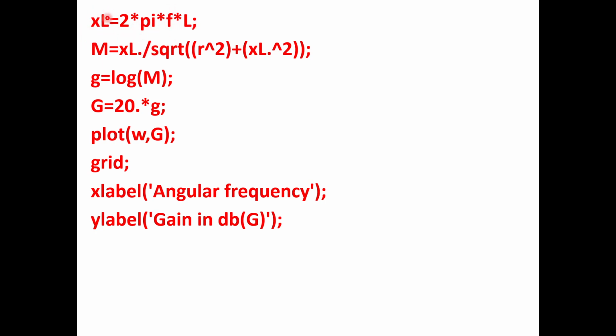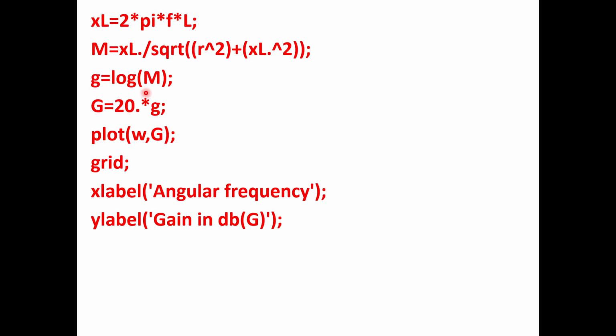As many f values as there are, that many XL values will be there. So for each and every XL value we are going to get the m value. So we have to calculate the m. M is the magnitude. After calculating magnitude, we have to determine the gain. So the gain formula is G is equal to log m.